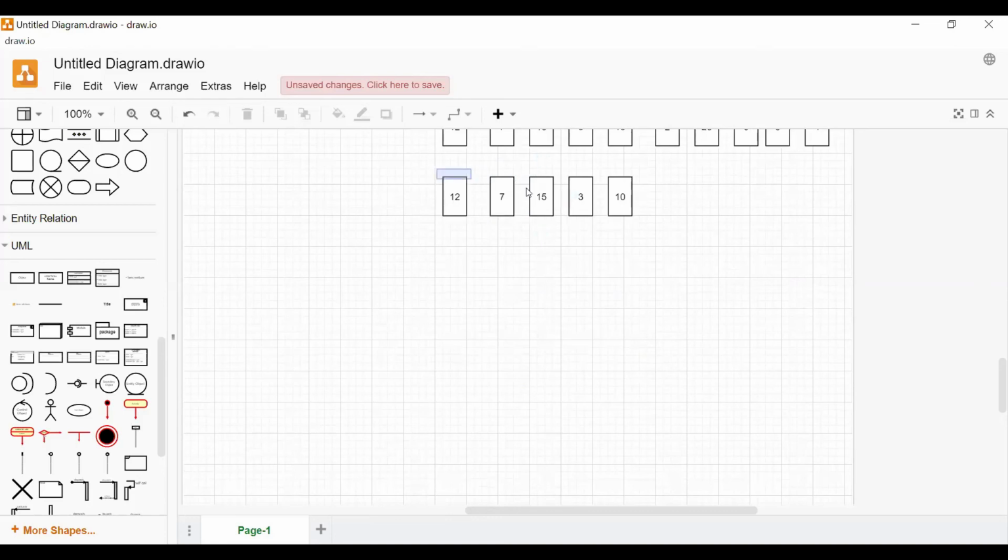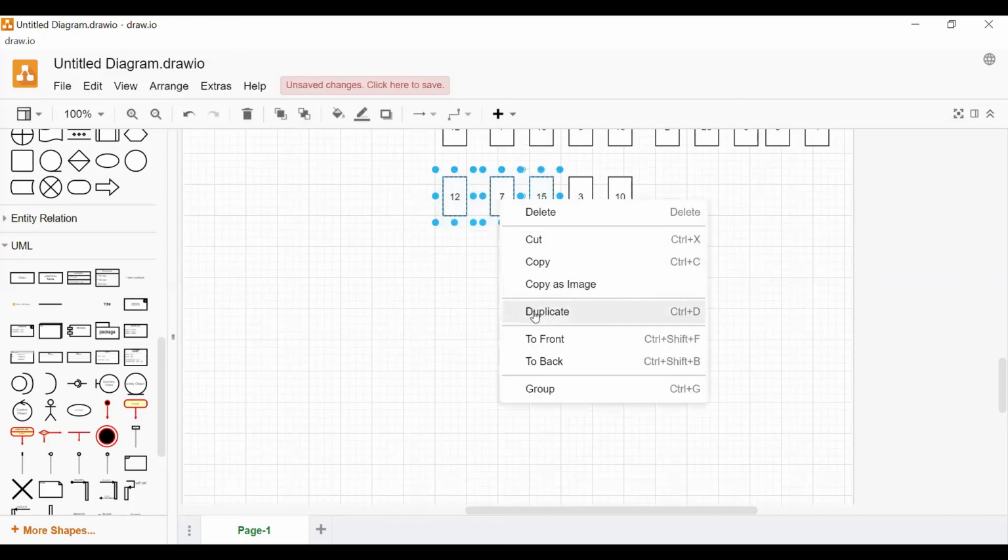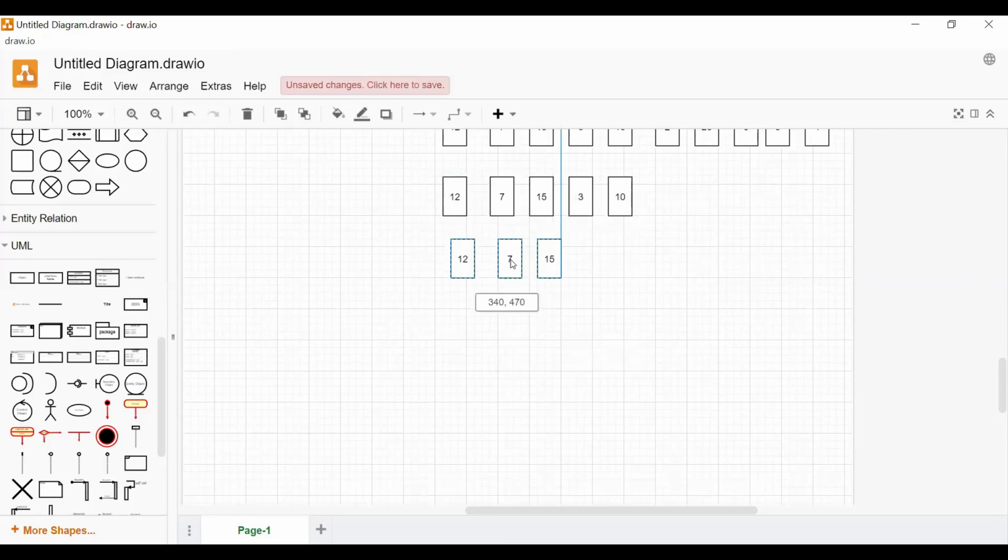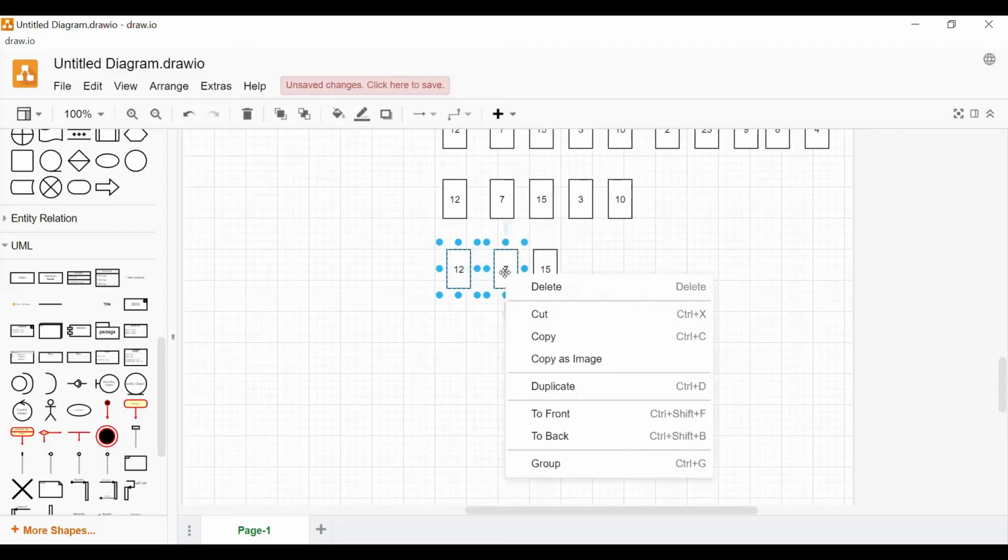So I'll take this group and I'll duplicate it. And now this is what we're going to try to sort by merging. Same problem, it is not in order yet. So 2 or 3, doesn't matter, whichever way you go on this. I'll take these 2 and try to sort them.